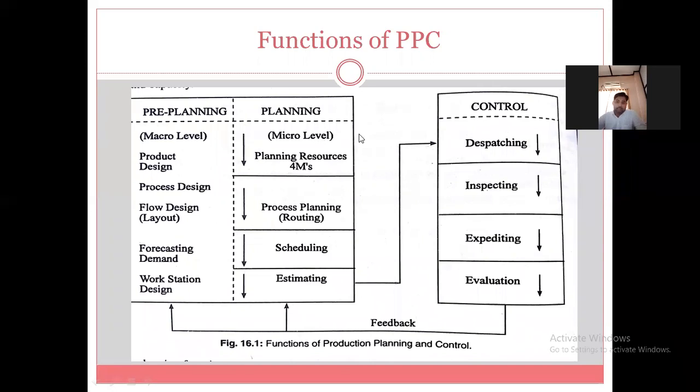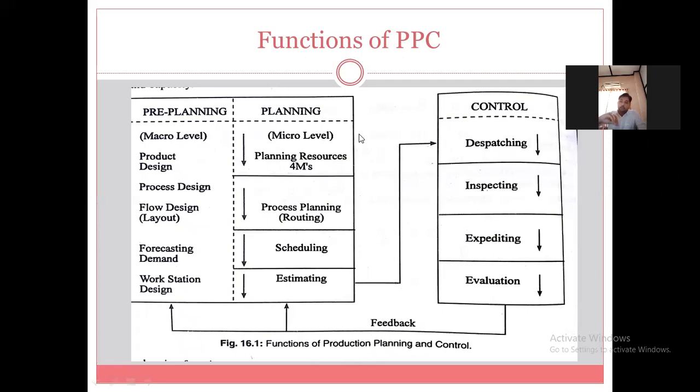In industry, the planning related to the 4 M's should be effective. So what are those 4 M's? The first M is material, raw material. Second is machine. Third is methodology, and fourth one is manpower.